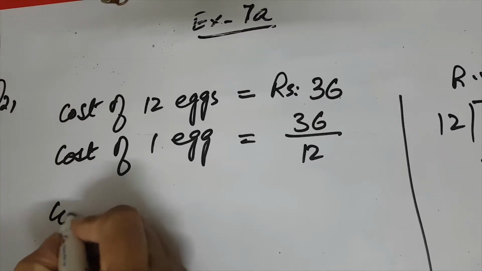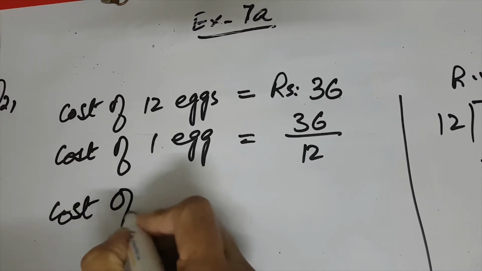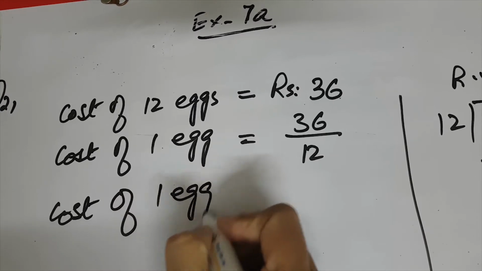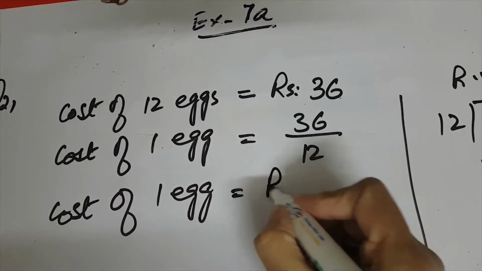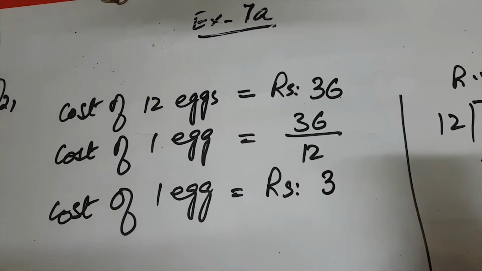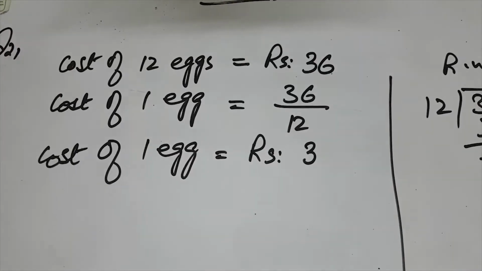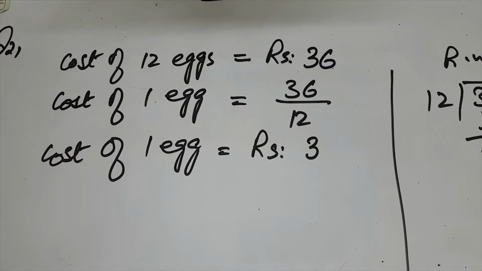So the cost of 1 egg is rupees 3. Now if you buy 12 eggs for rupees 36, obviously the cost of 1 will be rupees 3.